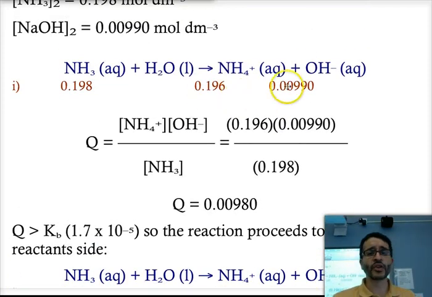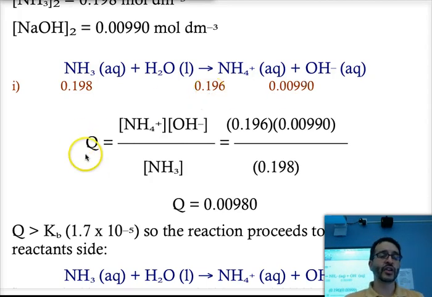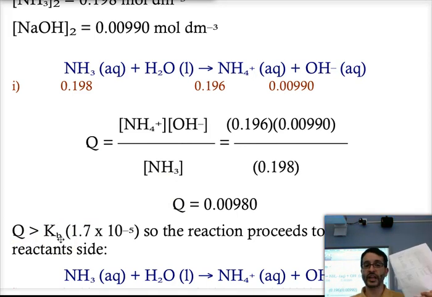What you're going to do is figure out which way the reaction is going to move. So you need to calculate a value of Q, and compare the value of Q to the value of Kb for this reaction, which you have calculated from the pKb that you can get from the data booklet.